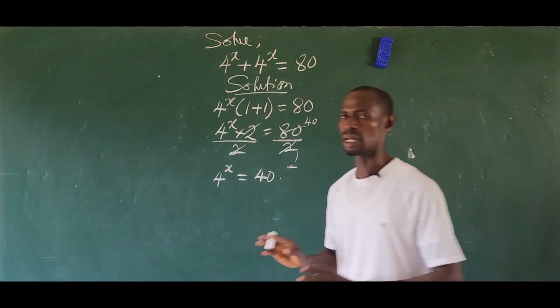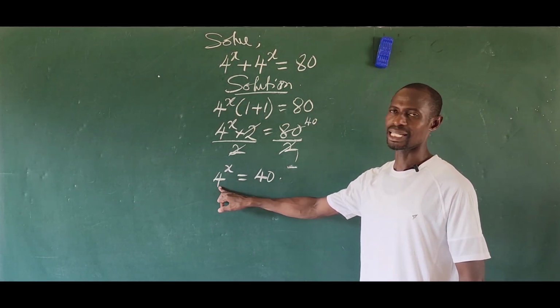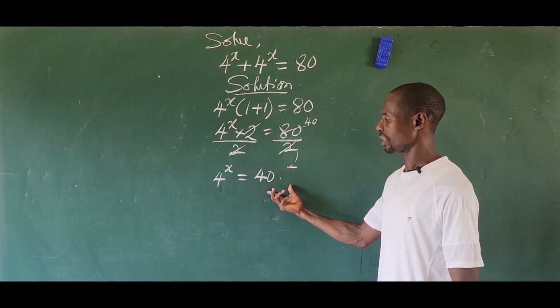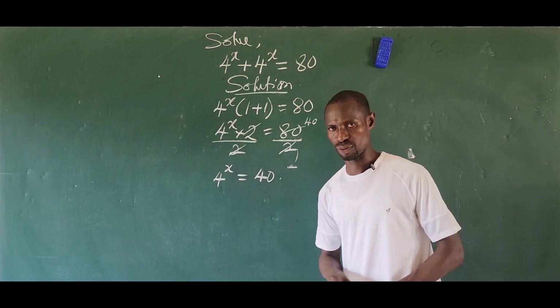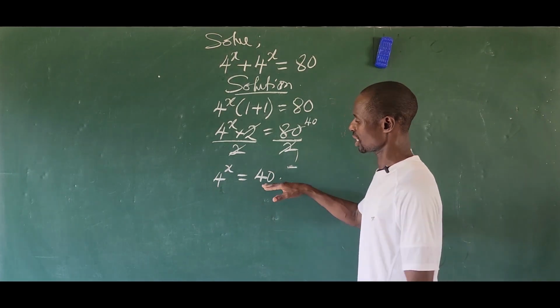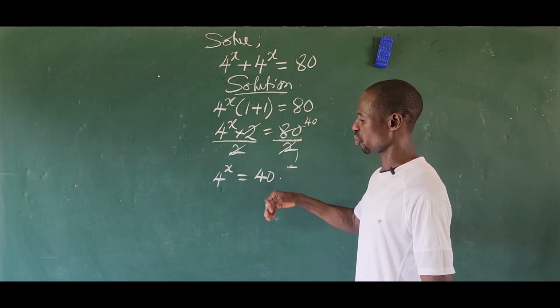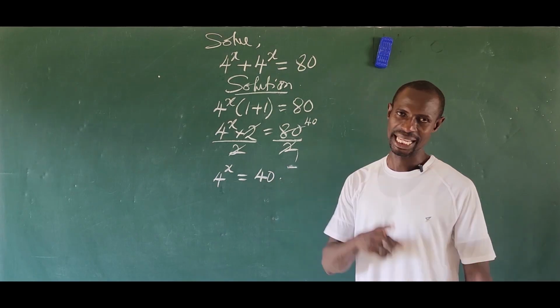Now the figures look similar, but here we are having 4 as the base number, and we cannot express 40 in base 4. Neither can we express it in base 2, because we can equally express this in base 2. And so we just have to simplify this down. How do I mean? We can break this down to give us 2 times 2, which is 4, times 10.